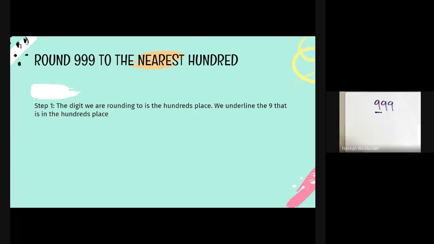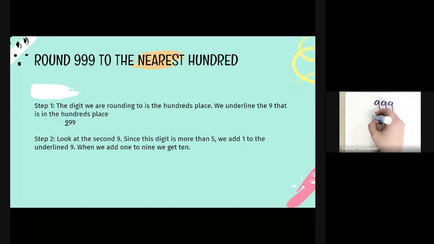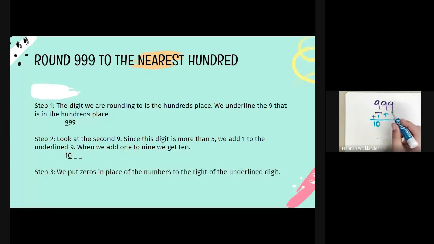Next, I look at the number next to it, which is also a 9. Since it's 5 or more, I'm going to raise the score. So I'm going to add 1 to the first 9. So 9 plus 1 is 10. And then step 3 is to put zeros in for the rest of the numbers. So this 9 and this 9 become zeros. So then your answer is 1,000.